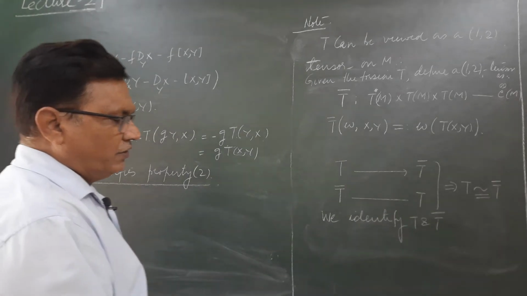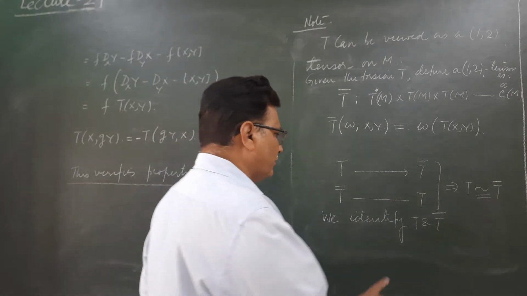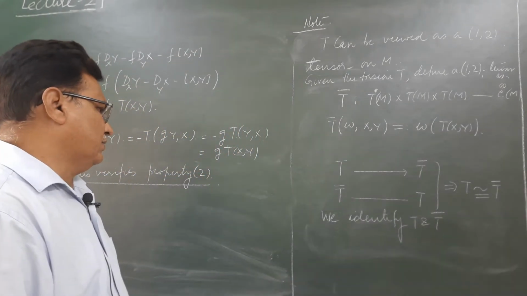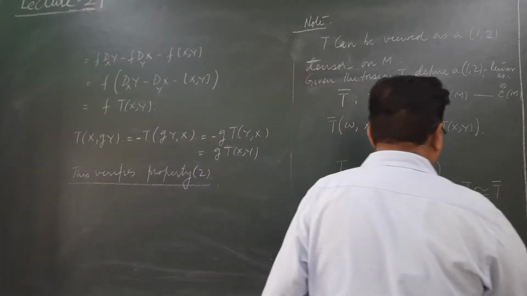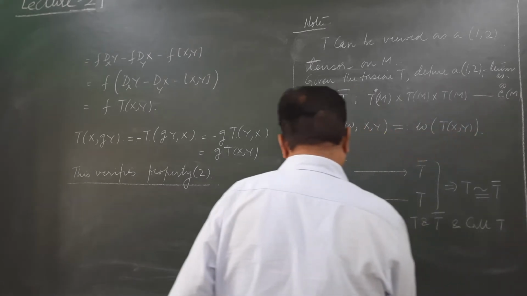Strictly speaking, T is not a tensor, but if you identify it with T bar, it will be considered as a 1-2 tensor.